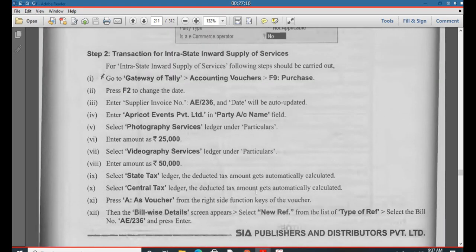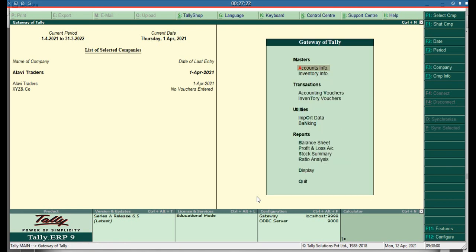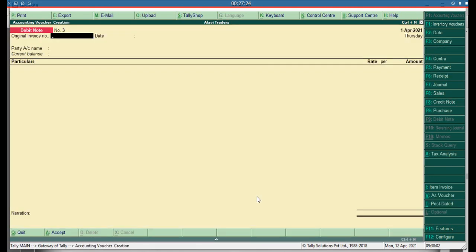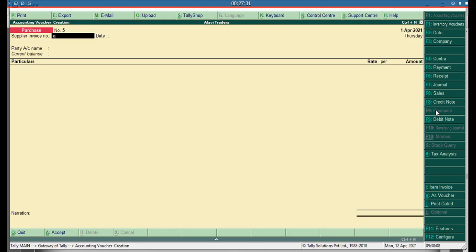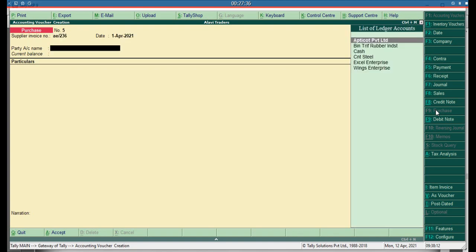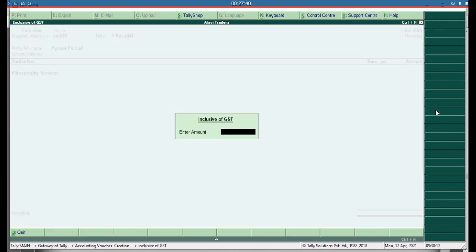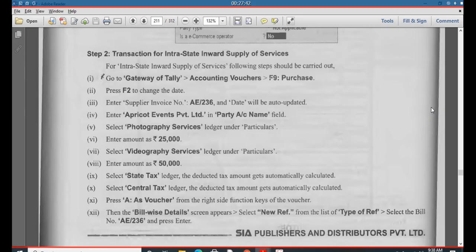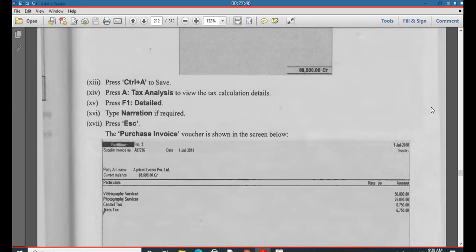Now we go with intrastate inward supply of services. Go to purchases, accounting voucher, purchases. What is the invoice number? AE by 236. Party name Apricot. Both we have to select: photography and videography.